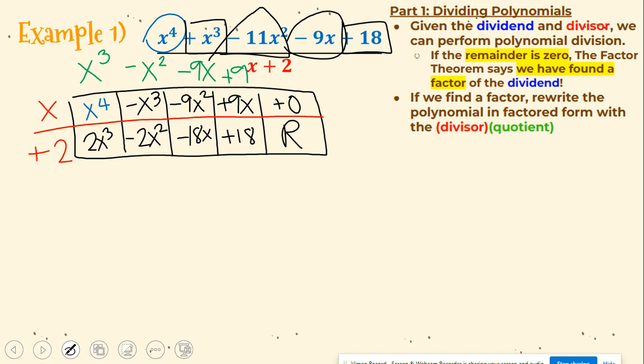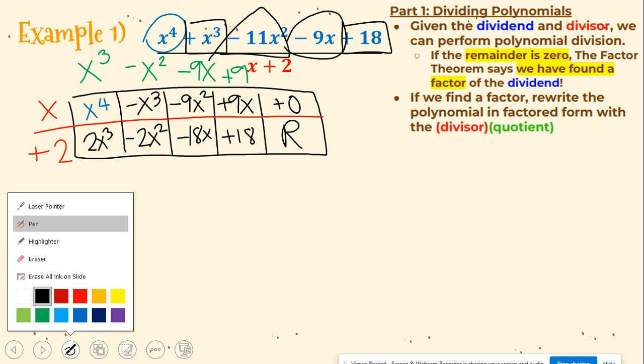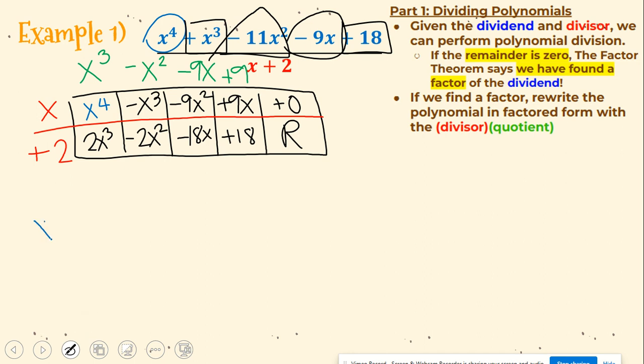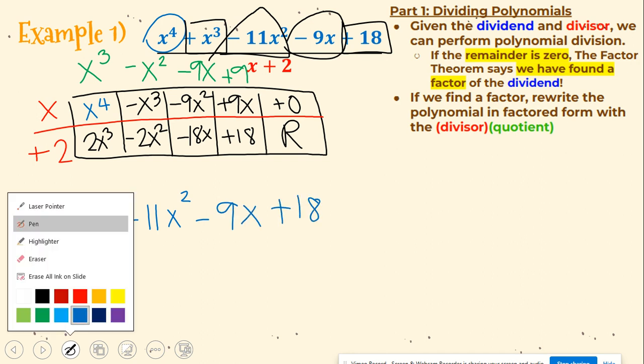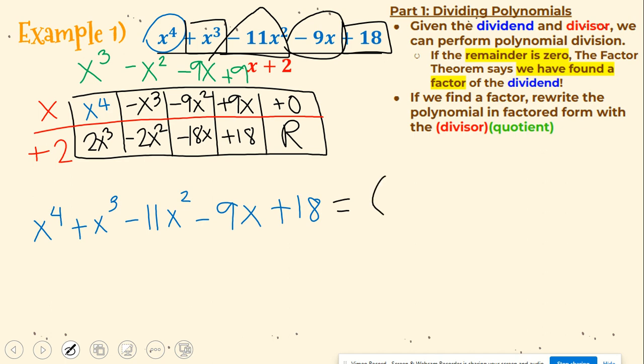Since the remainder is 0, we have found a divisor. So what this means is my original polynomial, x to the 4th plus x to the 3rd minus 11x squared minus 9x plus 18, can be rewritten in factored form as my divisor, what I divided my equation by, x plus 2, since it's a factor, multiplied by my quotient, x to the 3rd minus x squared minus 9x plus 9.